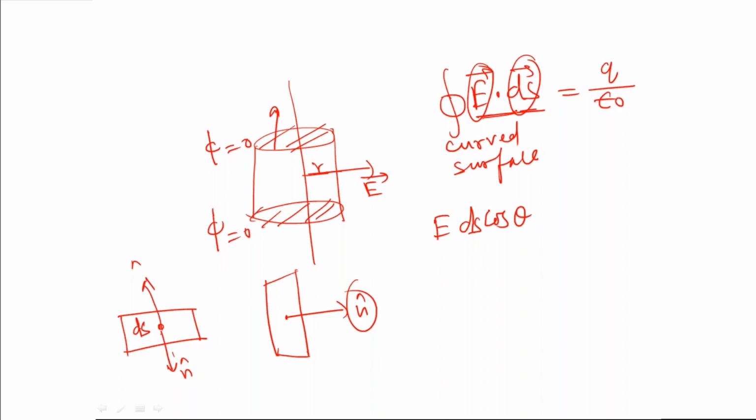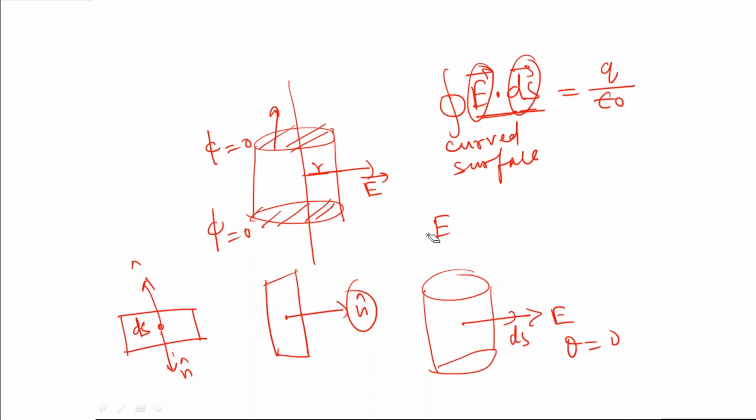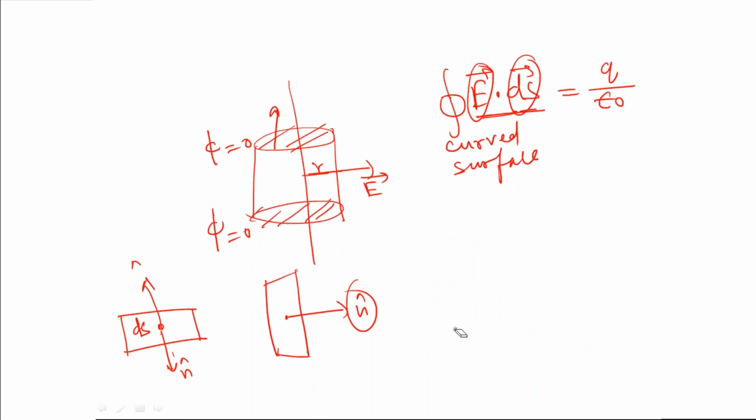Wherever you go, electric field is actually constant over this curved surface. If you take a bigger radius curved surface, then the electric field will have a different value, but that also will be a constant value. If that is E2 and this is E1, E2 will be constant over the curved surface. So I can take this electric field out of the integration. I can just take the integration of the area, and I have to find out the charge enclosed also, divided by epsilon naught.